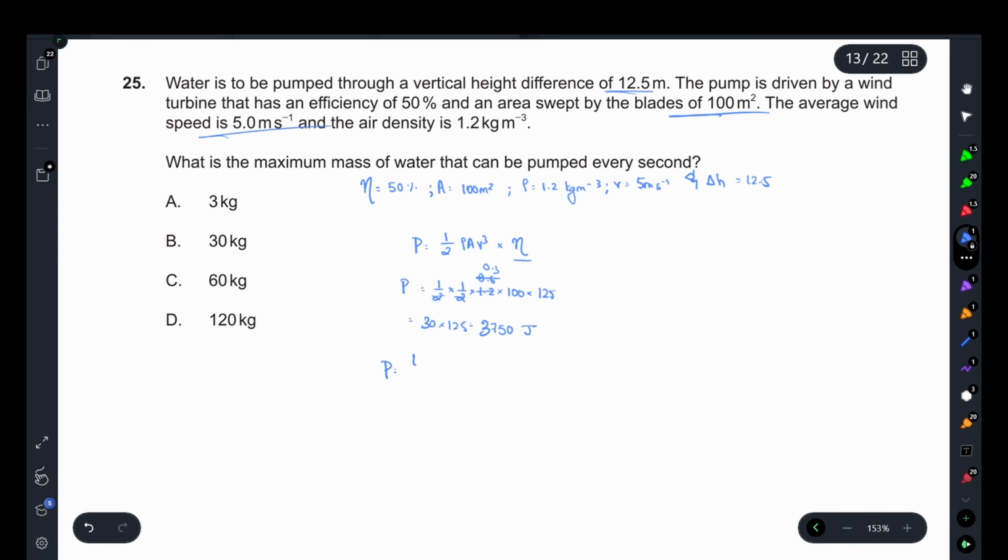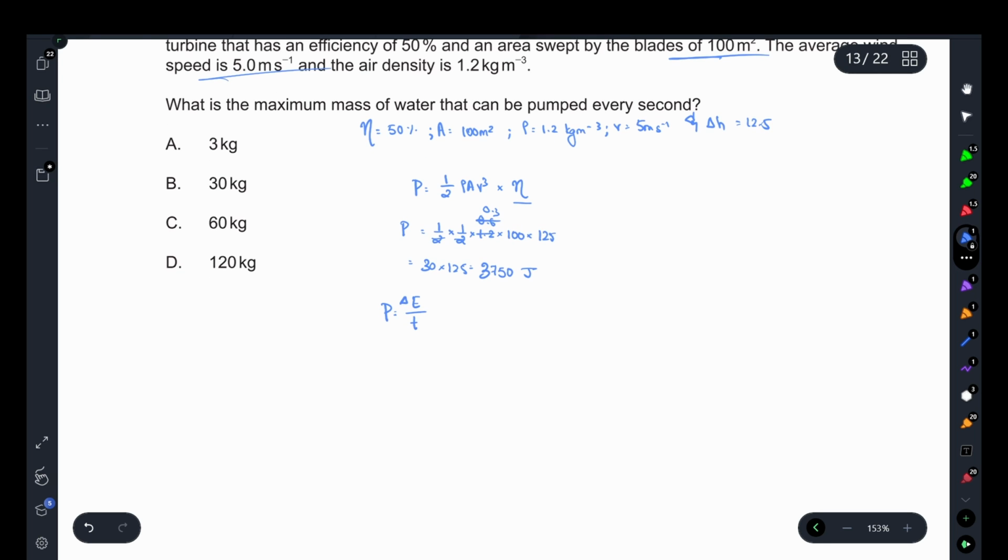Now, your power is also equal to energy by time. So, since we have the water being moved through a vertical height, we have a delta E. So, let's write this as delta E. So, in every second, so let's say t is equal to 1, your power is equal to your change in energy.